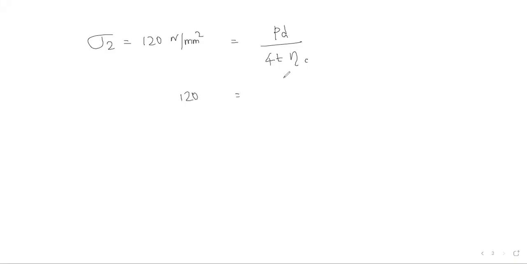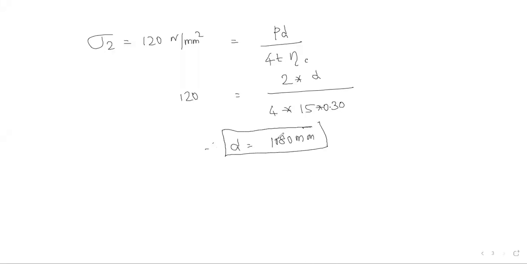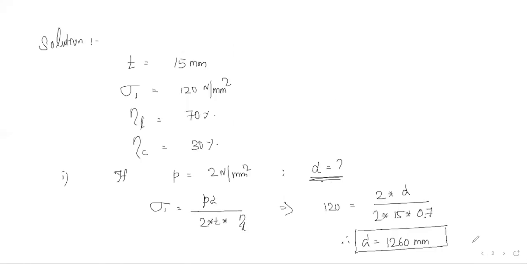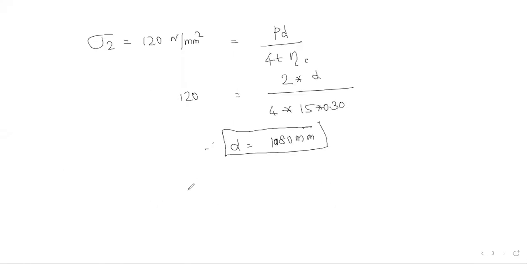So 120 is equal to P value 2 into D, divided by 4 into thickness 15 mm and the efficiency of circumference is 30 percentage, so 0.3. Therefore, D is equal to 120 into 4 into 15 into 0.3 divided by 2. It becomes 1080 mm. So with respect to these two answers, 1080 and 1260, which one is maximum? 1260 is the maximum.